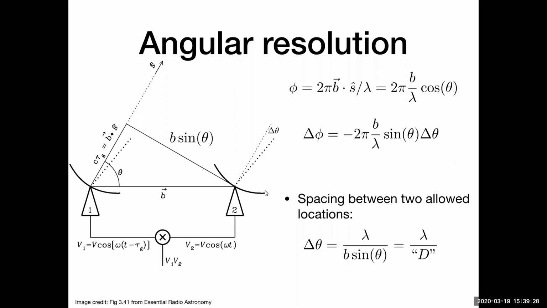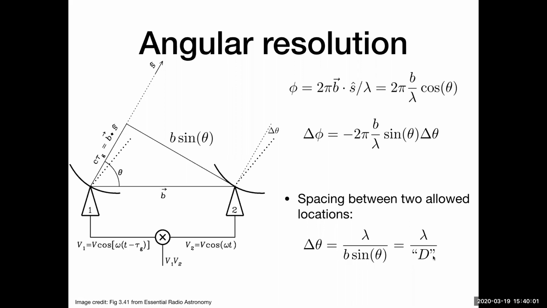And so this defines our angular resolution criterion in the interferometric response. If you ask what change in angle gives you a 2 pi phase difference, you set this equal to 2 pi, rearrange, and you get lambda over baseline length times sine theta.